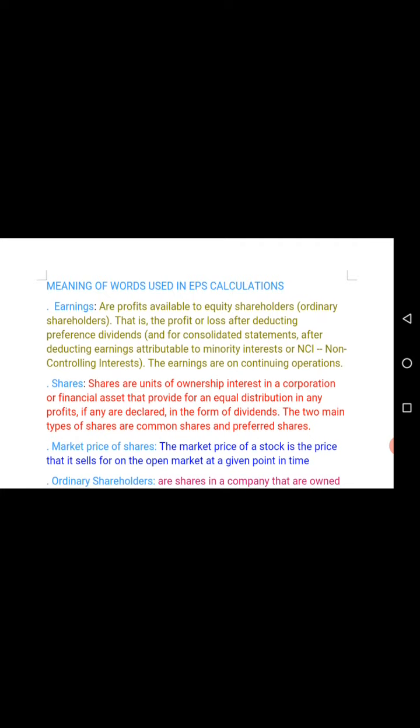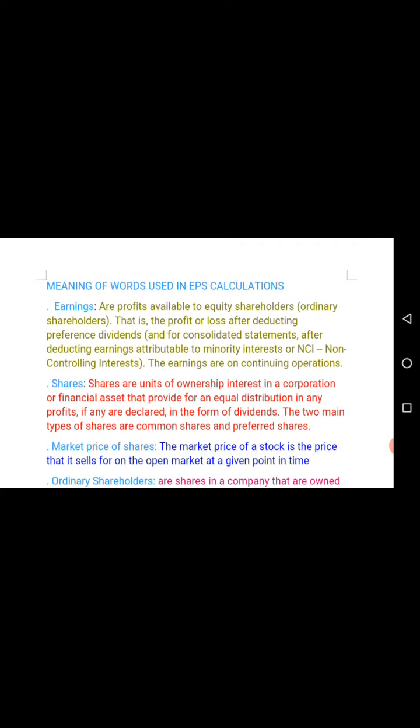Now, it says the two main types of shares are common shares and preference shares. Common shares are ordinary shares, and we have preference shares. Calculating EPS doesn't care about the preference share dividend. It's only looking for the ordinary shareholders' earnings.